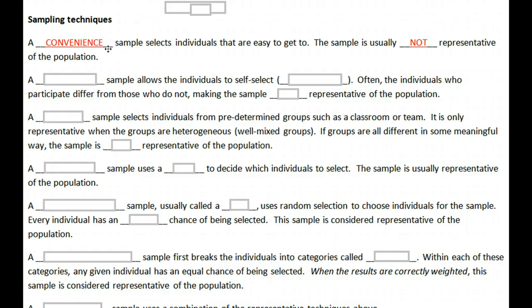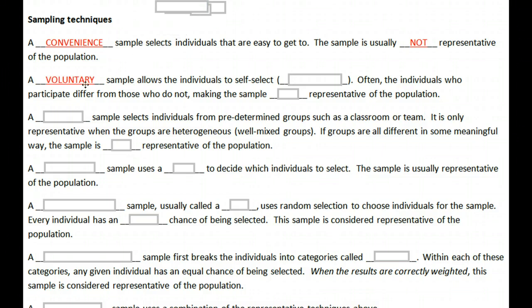And even though I'm using people in most of my examples, remember you can do a sample with things other than people. You could sample, for example, trees. How do I select trees to study in a forest? I could walk up to the first tree I find. That would be a convenient sample, whereas some of the other ones you might have to be a little more structured on how you choose your trees.